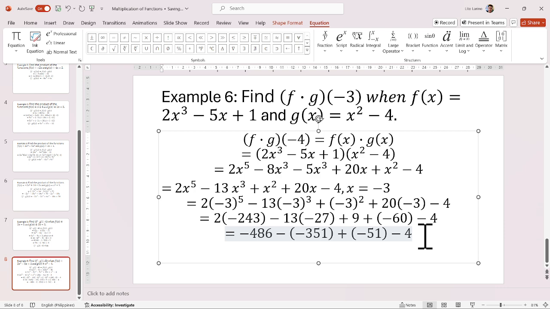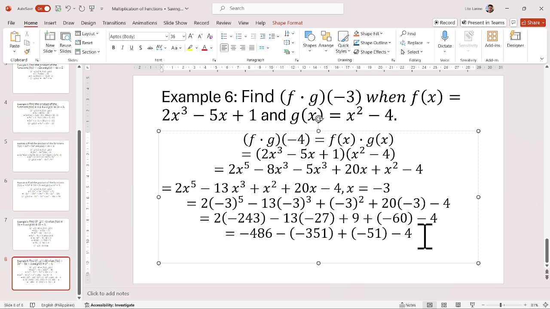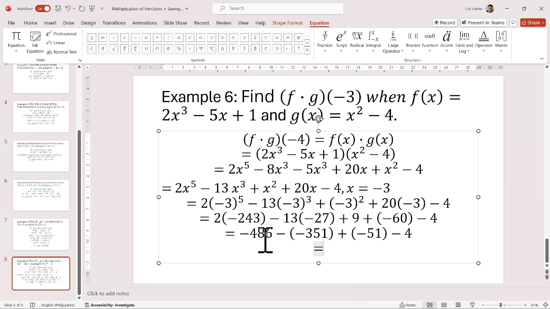Then we have negative 486 minus negative 351. So we keep, change, change: that is negative 486 plus 351. We have 486 minus 351, that is 135, so negative 135.